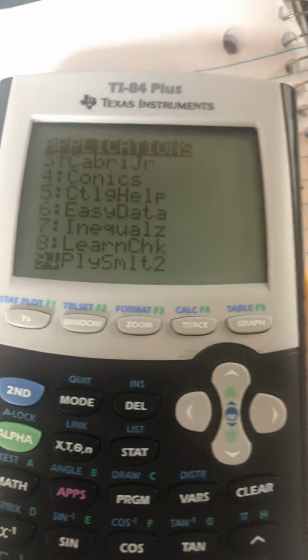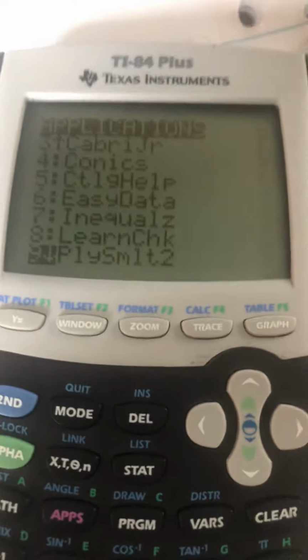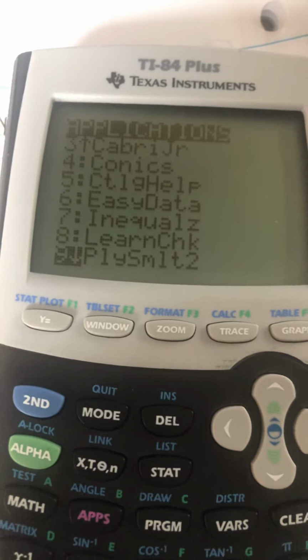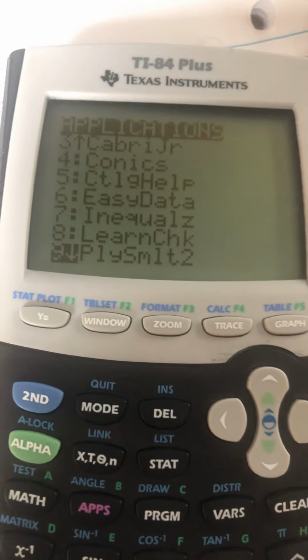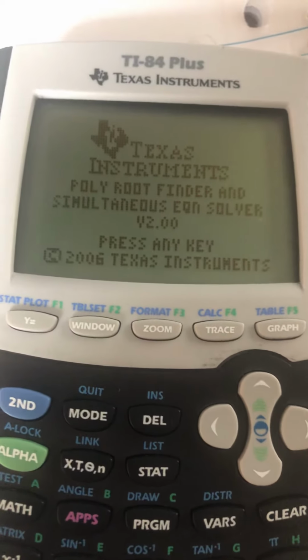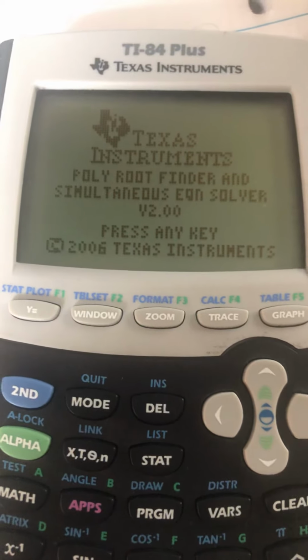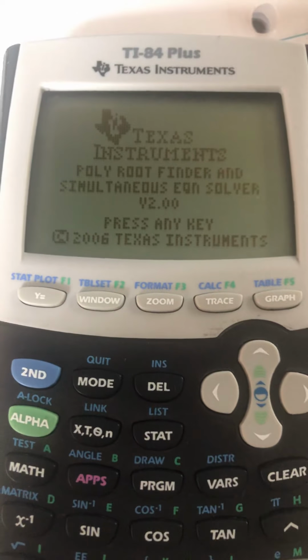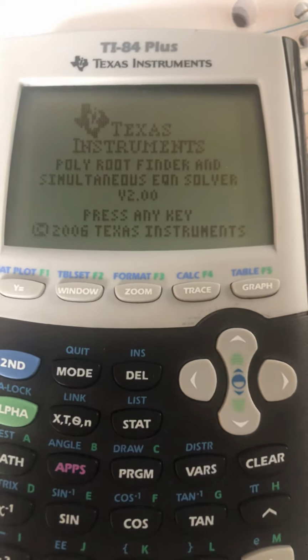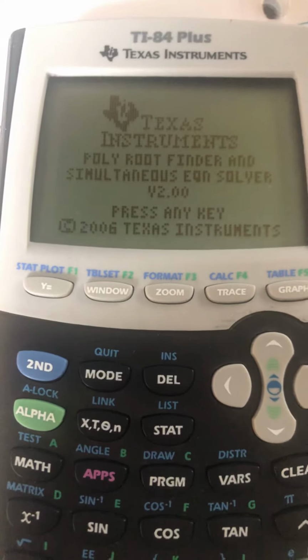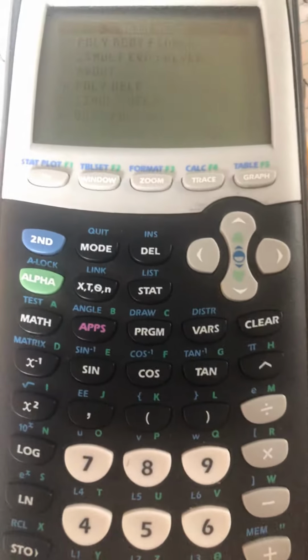But I'm going to go ahead and show you the calculator way, because if you have a graphing calculator, you can do it. So now I'm going to hit 9. If you'll see here, it's going to bring up Polyroot Finder and Simulator. It says to hit any key, so I'm just going to hit enter. It doesn't matter.